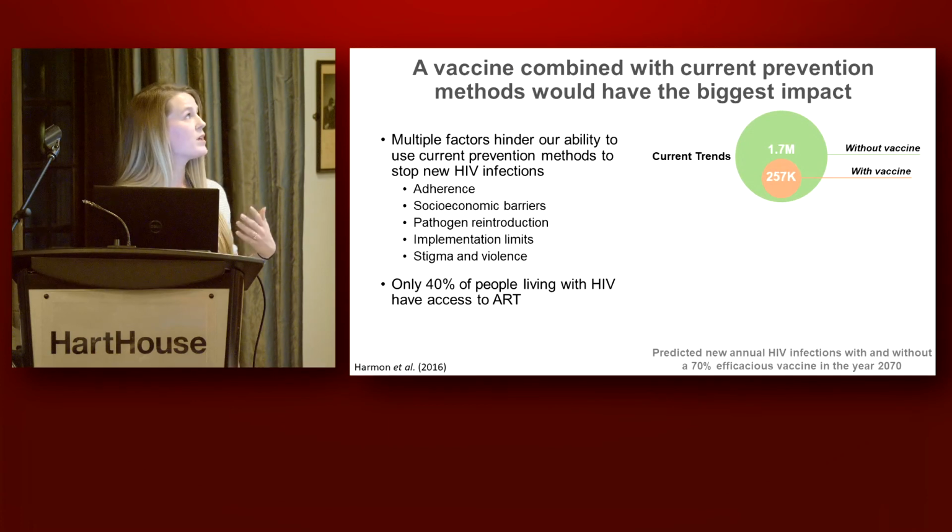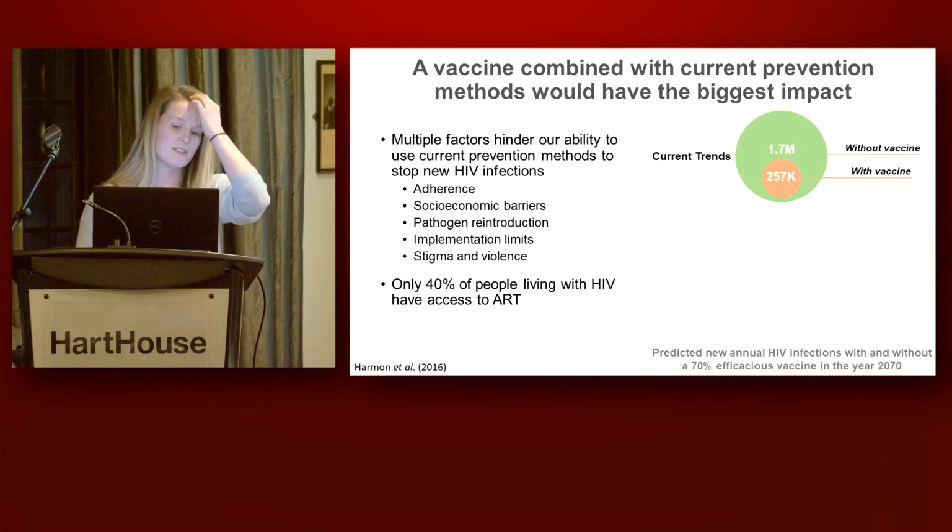If we keep going the way we're going with current prevention methods, in the year 2070 we'll have 1.7 million new infections globally. Like I said in the previous slide, in 2015 we were at 2.1 million, so this really isn't a significant improvement from where we are now. However, if we implement a vaccine that's 70% efficacious, this would drop the number to 257,000 new infections per year.